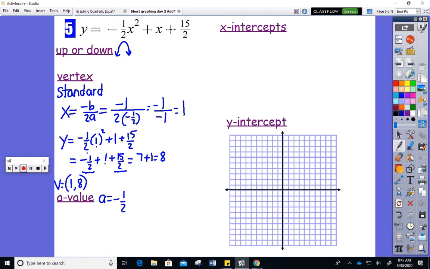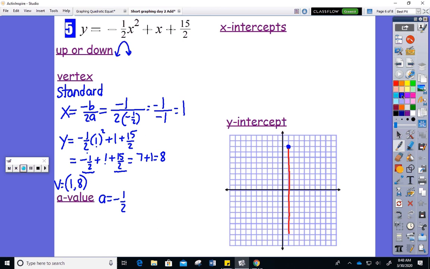So if I graph 1, 2, 3, 4, 5, 6, 7, 8, if I graph that, the axis of symmetry runs downward since the parabola is going to open upside down. Now some of you, like I've mentioned on the last slide, have been kind of shaky on using the a value, especially when the a is a fraction. So let's do something different.